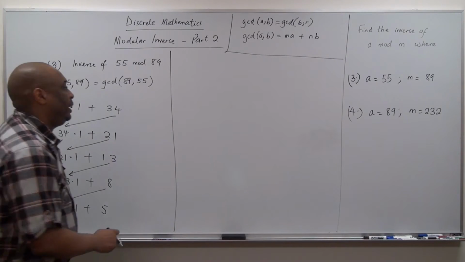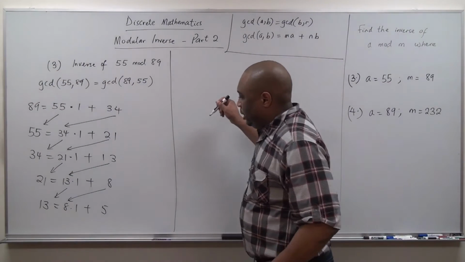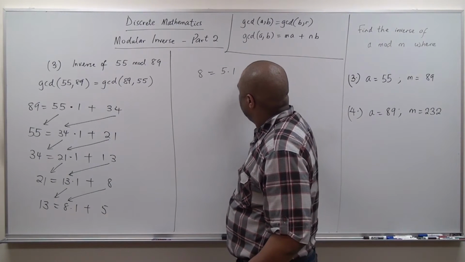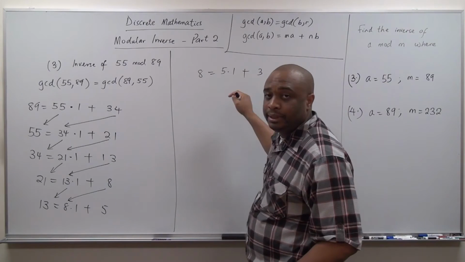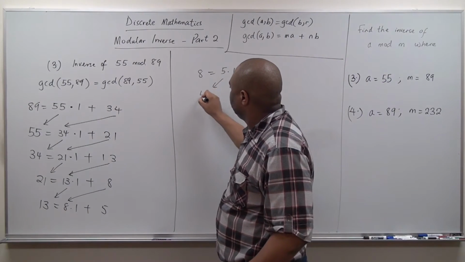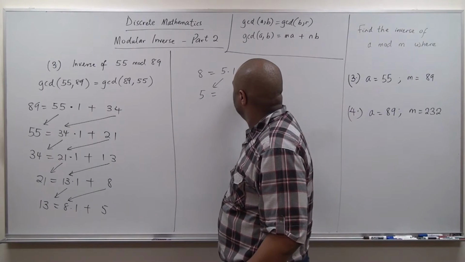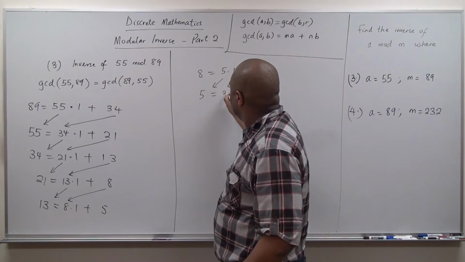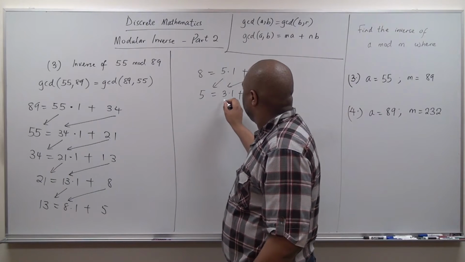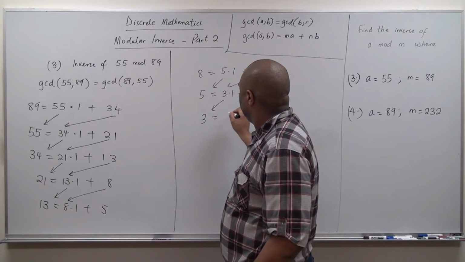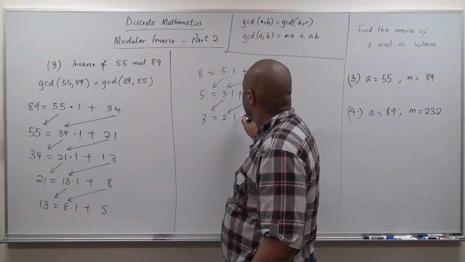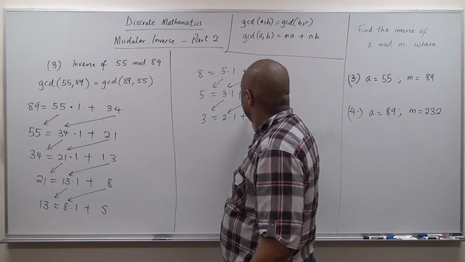Okay, we continue here. 8 will be equal to 5 times 1 plus 3, because 8 minus 5 is 3. Then 5 will be equal to 3 times 1 plus 2, then 3 will be equal to 2 times 1 plus 1.